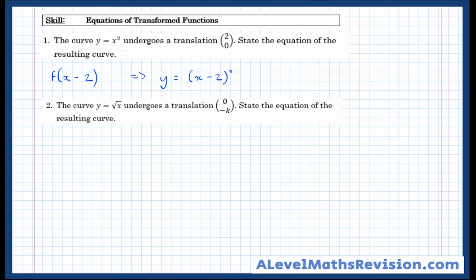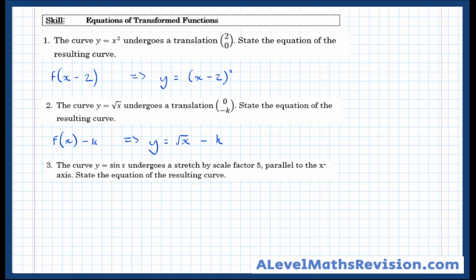It's outside because it's occurring to y. So in function notation, f of x with a take away k on the outside. So that means it's the function root x with a take away k on the outside. So that's that one.